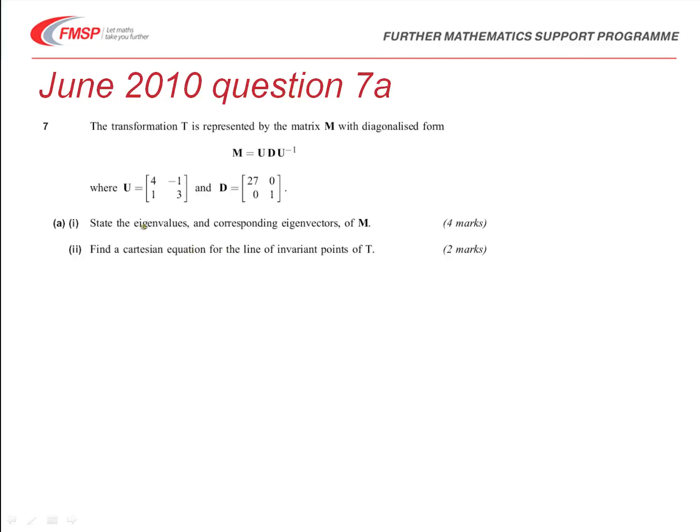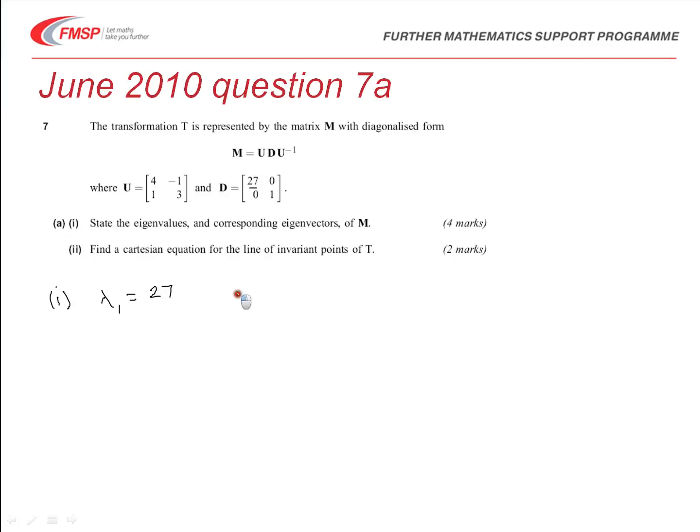So in the first part of this question, it asks you to state clearly the eigenvalue and the eigenvector associated with it. We can see that the eigenvalue in the first entry on the diagonalized matrix is 27, so lambda 1 is equal to 27.